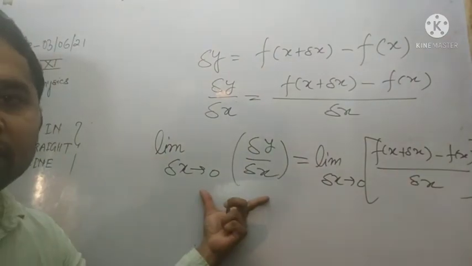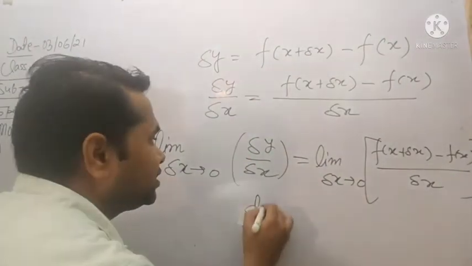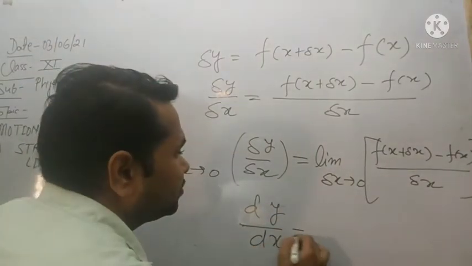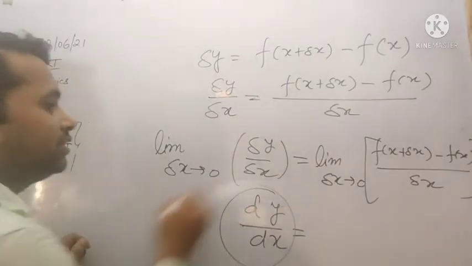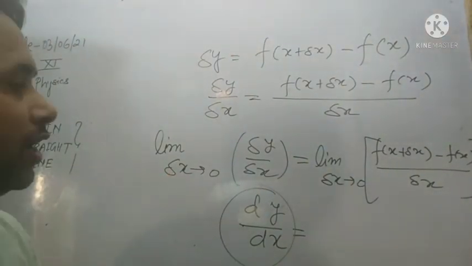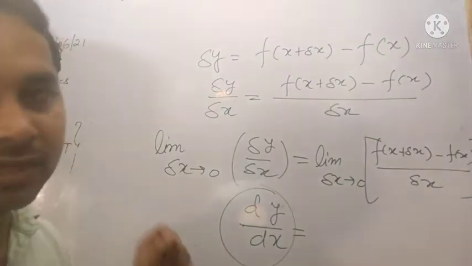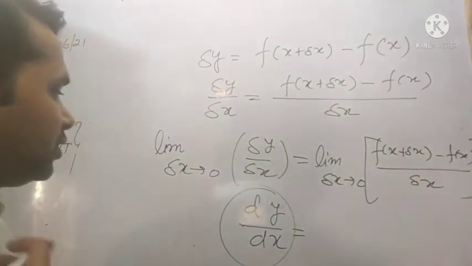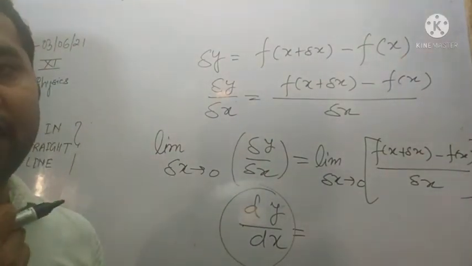And now this left hand side is called differentiation of y with respect to x. Okay, this left hand side is represented by d/dx of y, या उसको बोलेंगे differentiation of y with respect to x. What is the change in y when we have small change in the value of x?